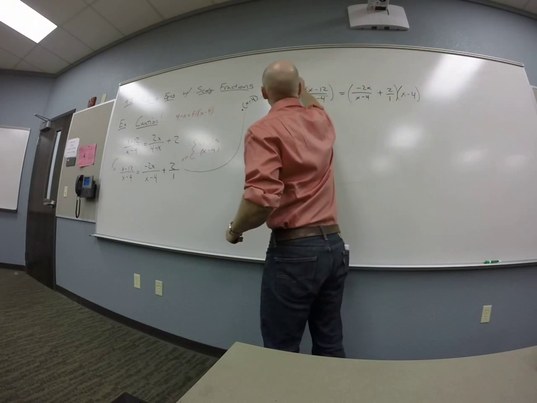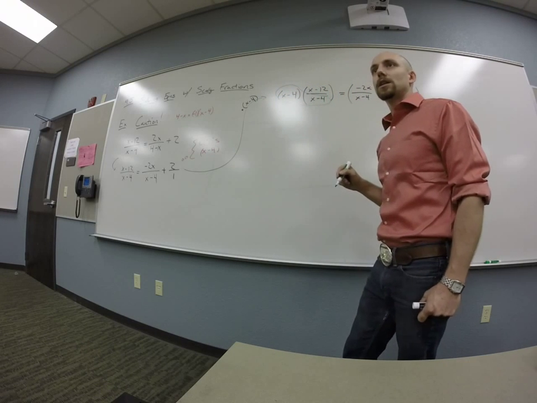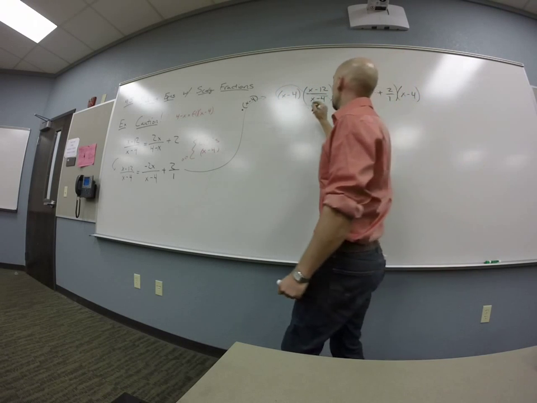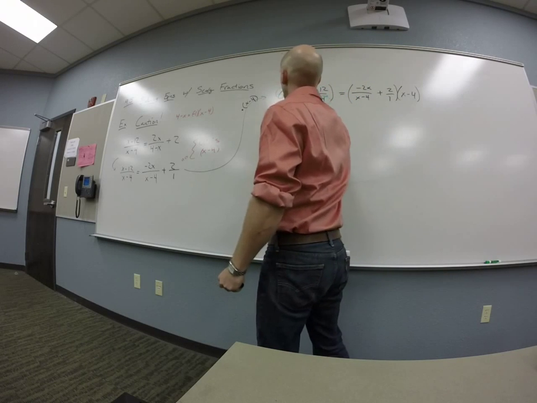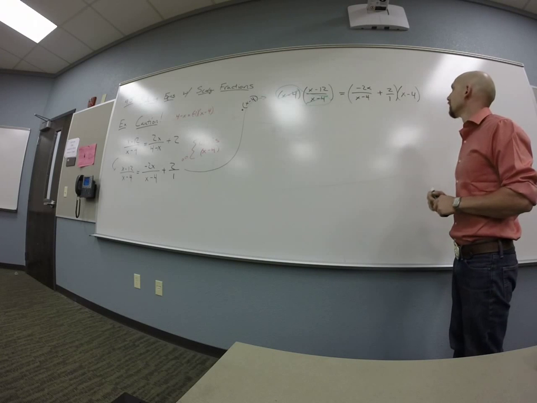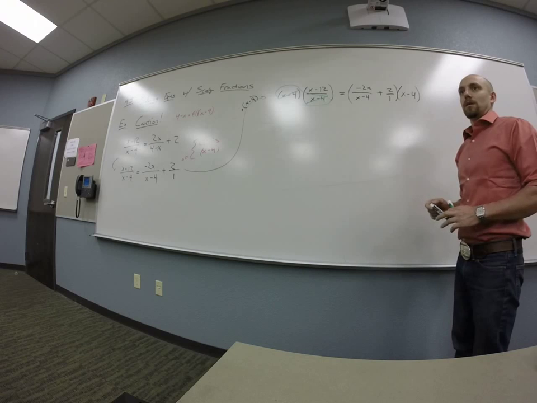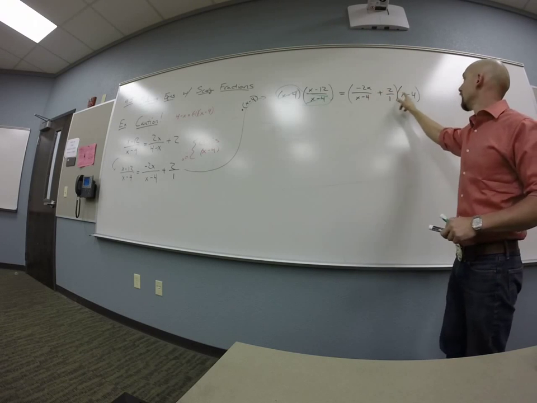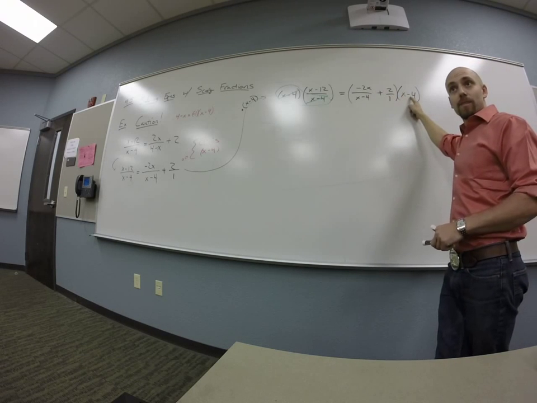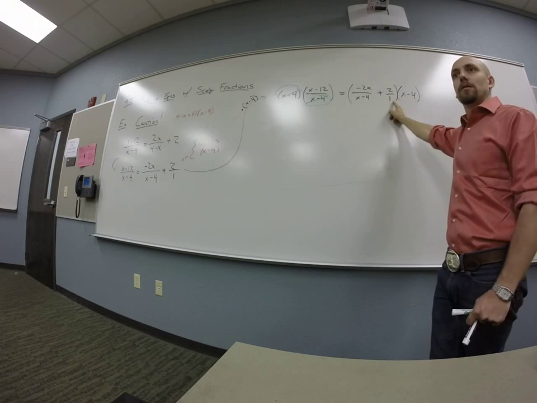See, that's a cancel. That's a onesie, right? Guys all see that? Okay, what else? x minus 4. Does this cancel with that? Yeah, there's an addition in there, so what do I need to do?